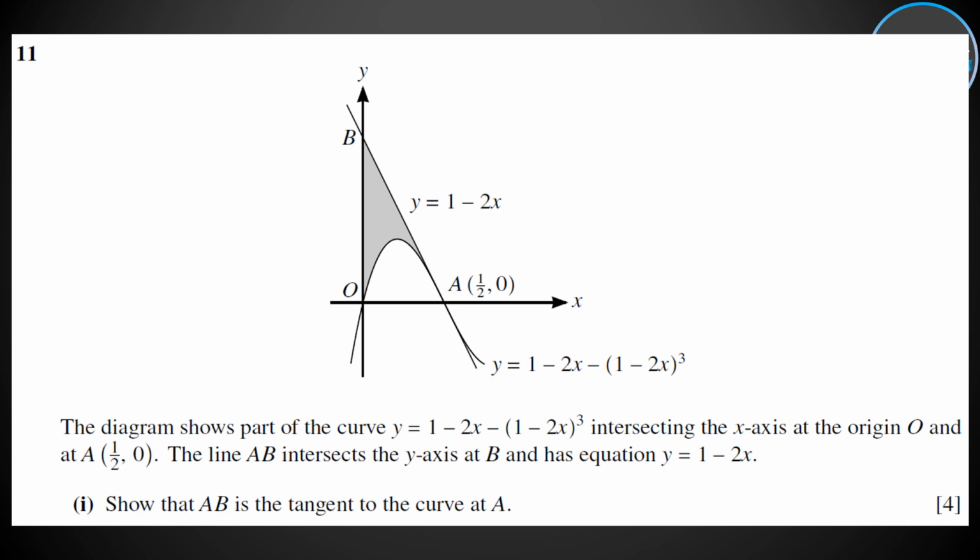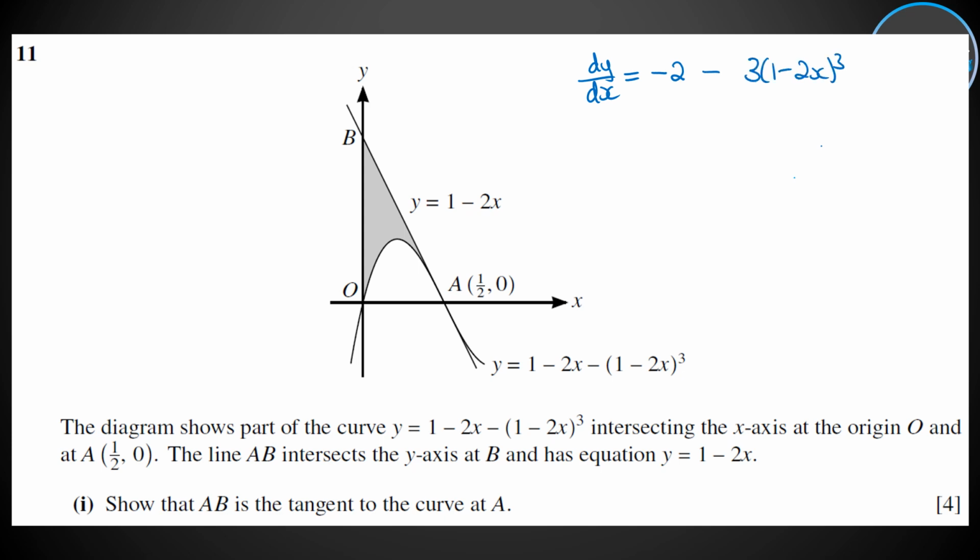Okay, so we've got this curve. We want to show that AB is a tangent to the curve. We are told that AB has an intersection at the point A. So if we do dy by dx, then we get -2, and then we're doing the chain rule on this part here.